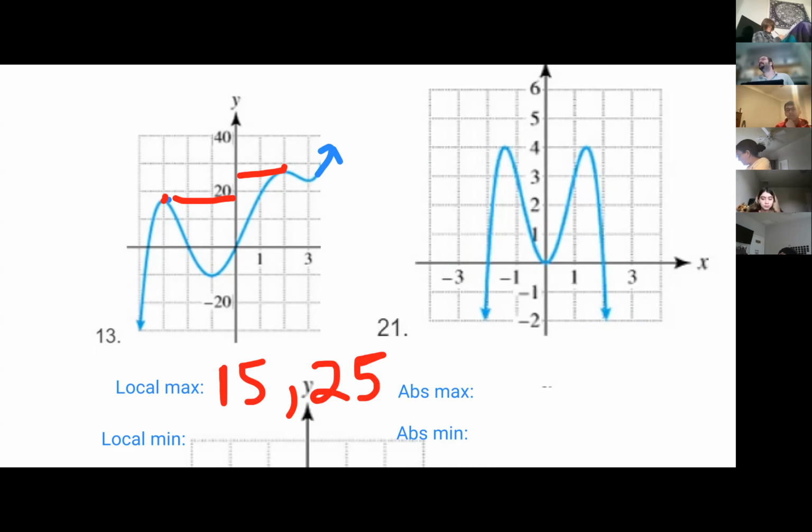I thought it might be because it's the highest point, but then there's an arrow. There's an arrow there, so that keeps going higher than that 25. So since it keeps going, if they ask, you should put something in there like none, that shows that there is none.